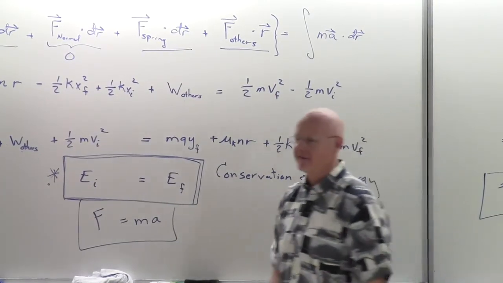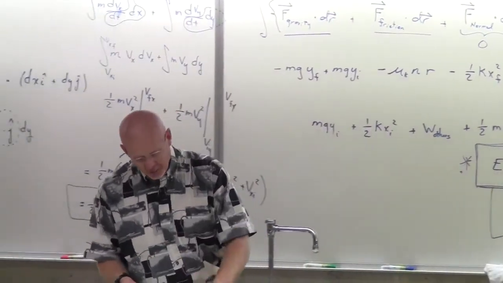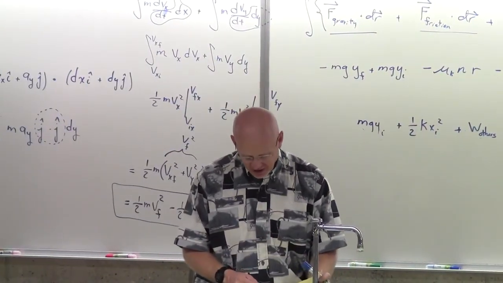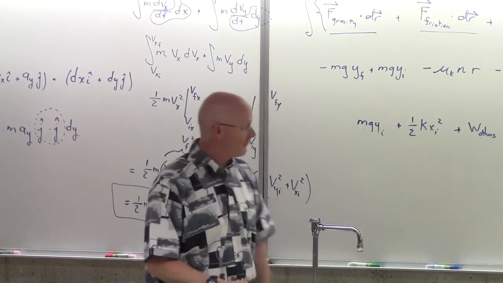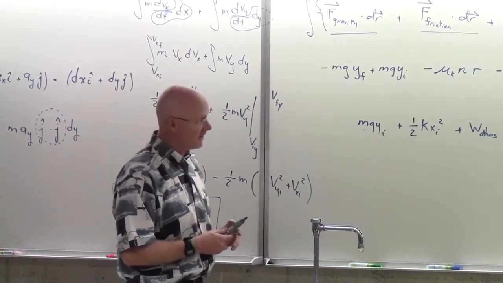And of course, it's easy to say that way. It's not so easy to solve the problems, but that's what the author and what I am after here, this whole idea of conservation of energy.